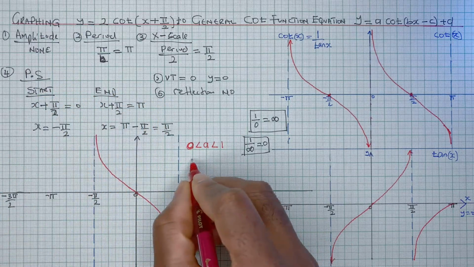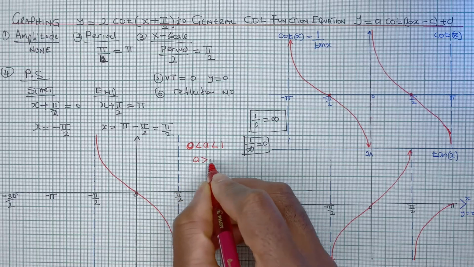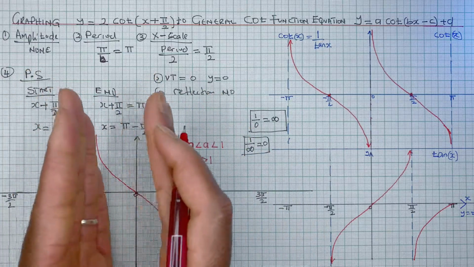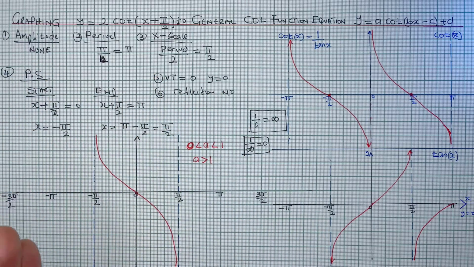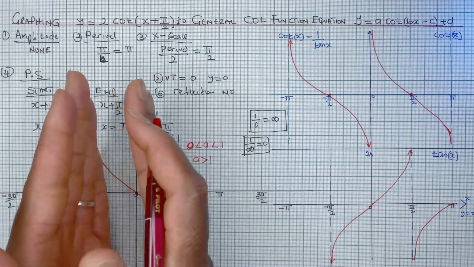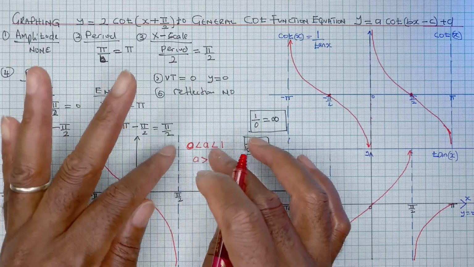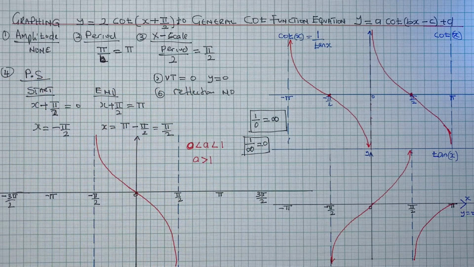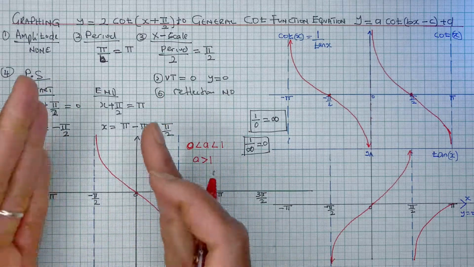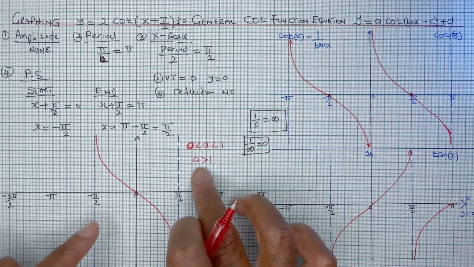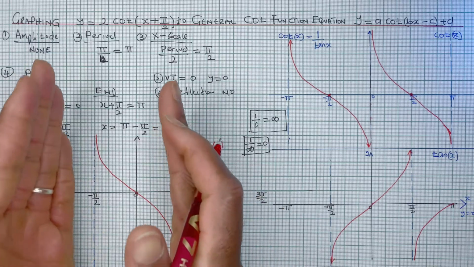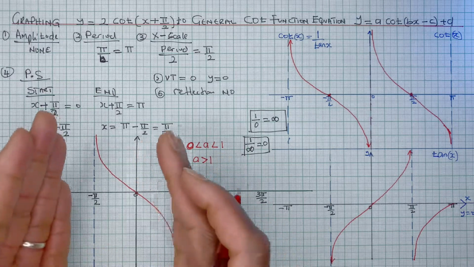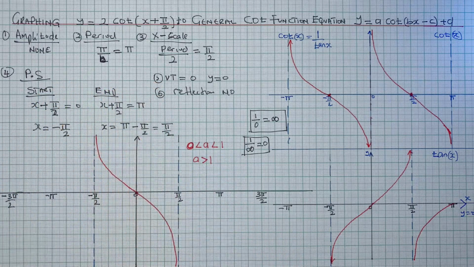But if A is greater than 1, it will make the curve skinnier, so that means shrunk. So A greater than 1 will shrink the curve horizontally, and A between 0 and 1 will stretch the curve horizontally.